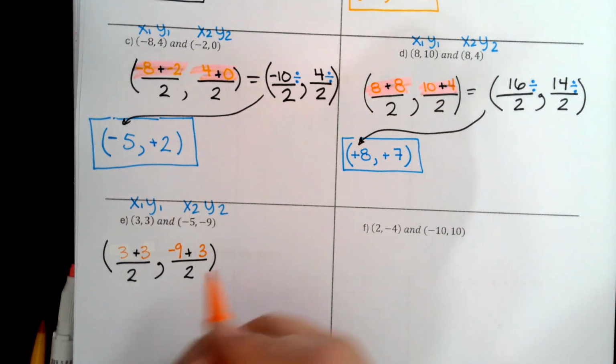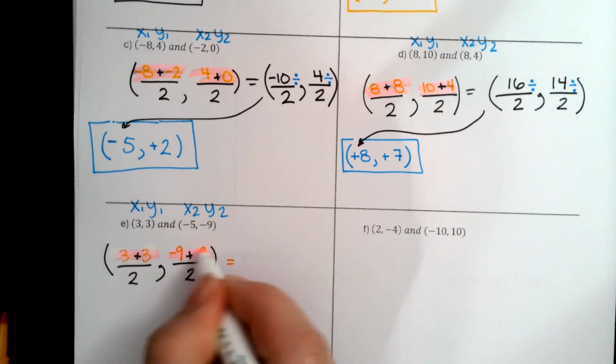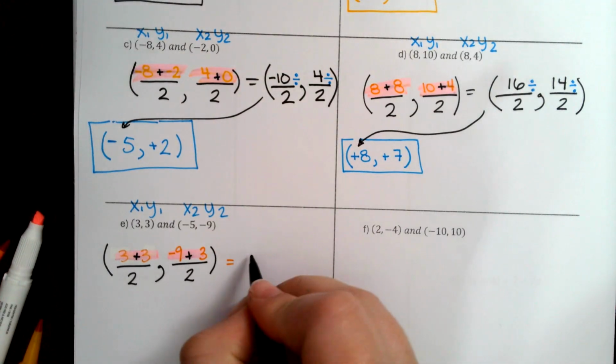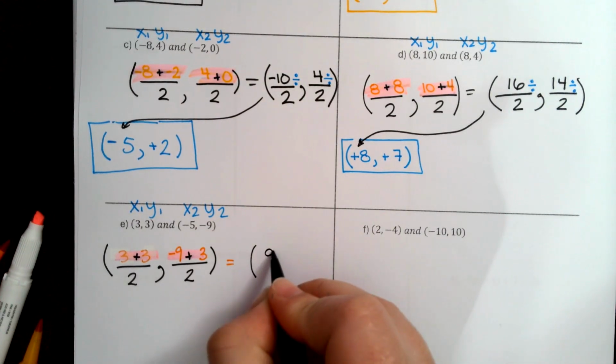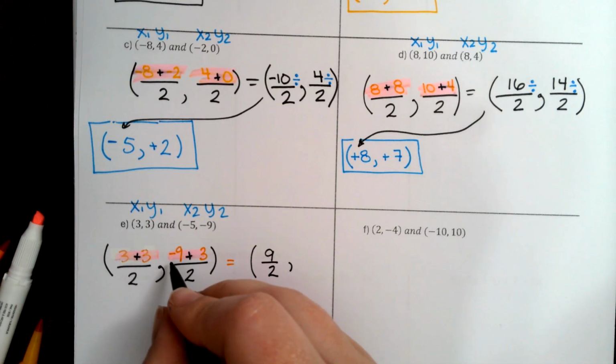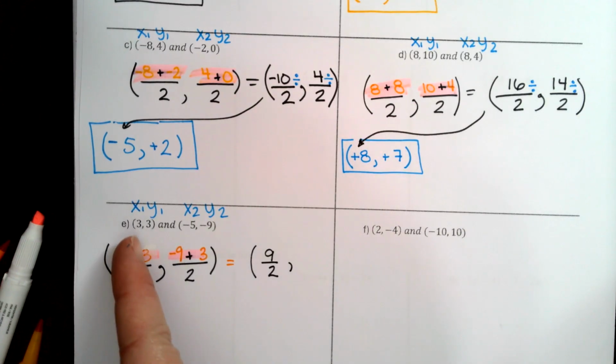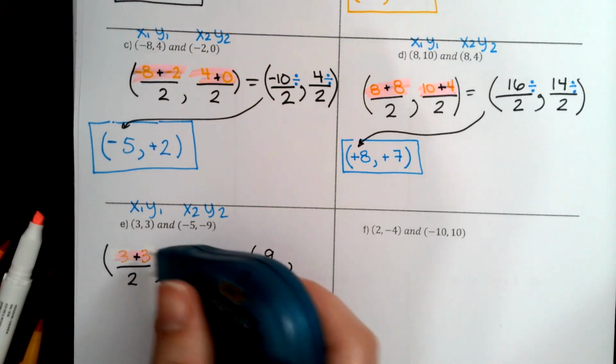All right, so let's go ahead and do counters. So we get 3 plus 3 is 9. That's wrong. Hold on. Trying to go too fast now. X1 is 3. X2 is -5.